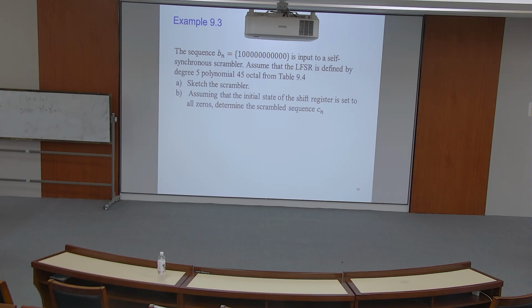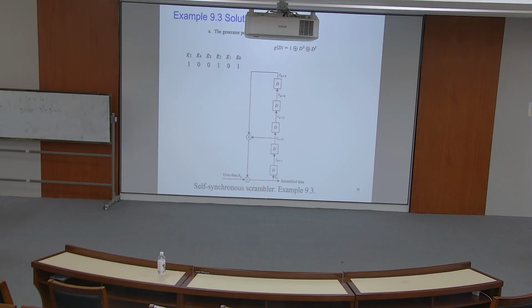Now we need to sketch the scrambler. So here is the scrambler. We can write down G5, G4, G3, G2, G1, and G0.